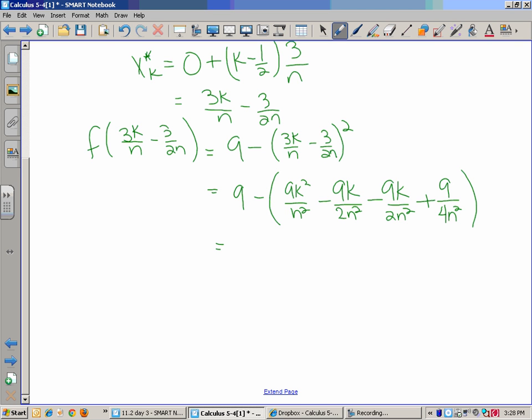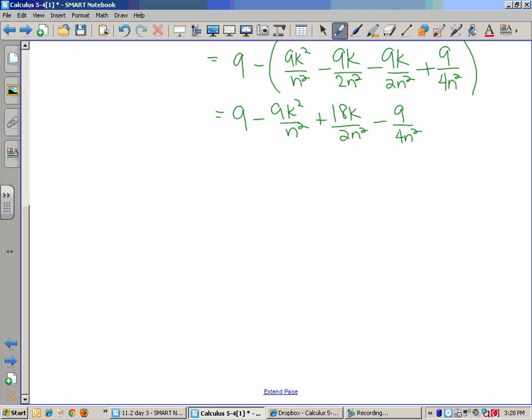And combining like terms, 9 minus 9k squared over n squared plus 18k over 2n squared minus 9 over 4n squared. So I had to distribute the minus sign. Okay. And then this right here is only my height. Woohoo! Don't you love Algebra 1? So let's take height times base, or base times height, or height times width.